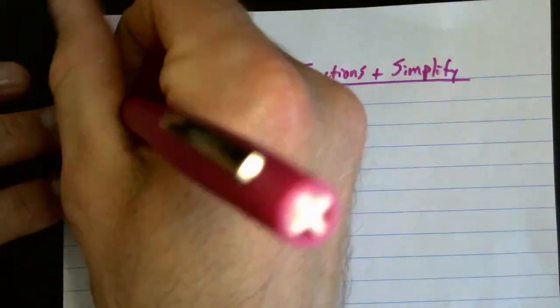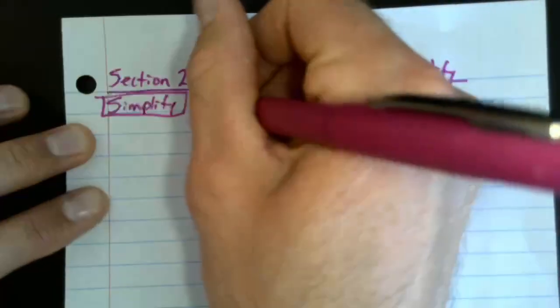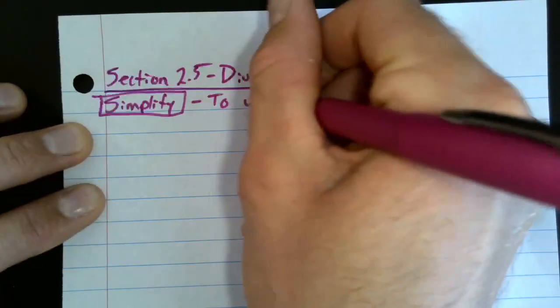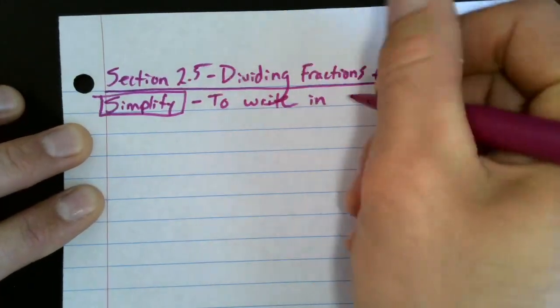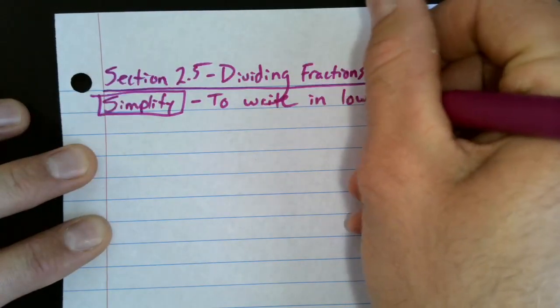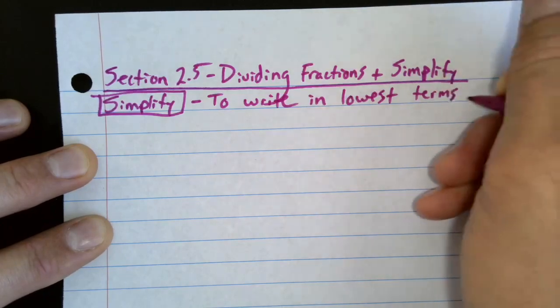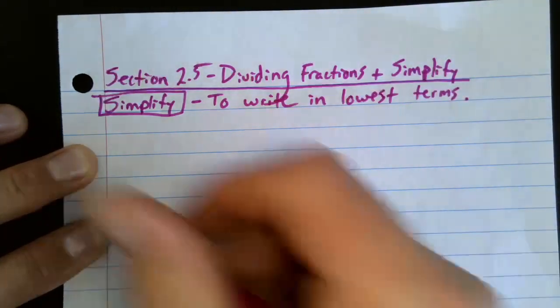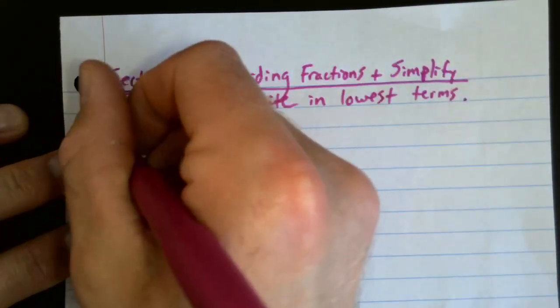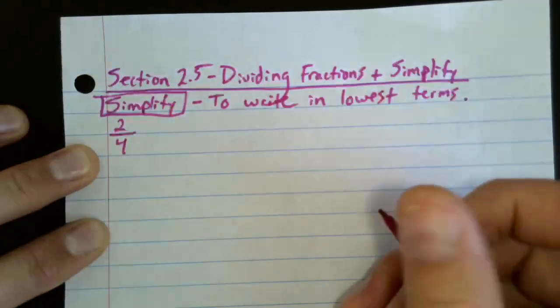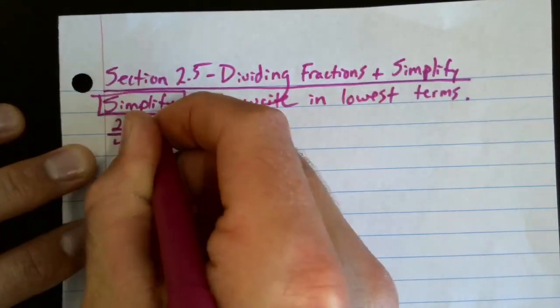All right, simplify the answer. So when we see the word simplify, we know that means to write in lowest terms. So when we see a fraction like 2 over 4, we know we can make it a little bit more simple.